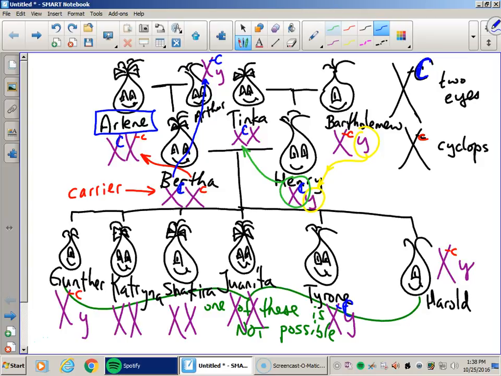We are not. Okay? So since we're not certain about her second chromosome, we're going to throw a question mark on it. Okay? That's Tinka. Don't tinker with Tinka. Okay? That's quite a mess, but that's okay.